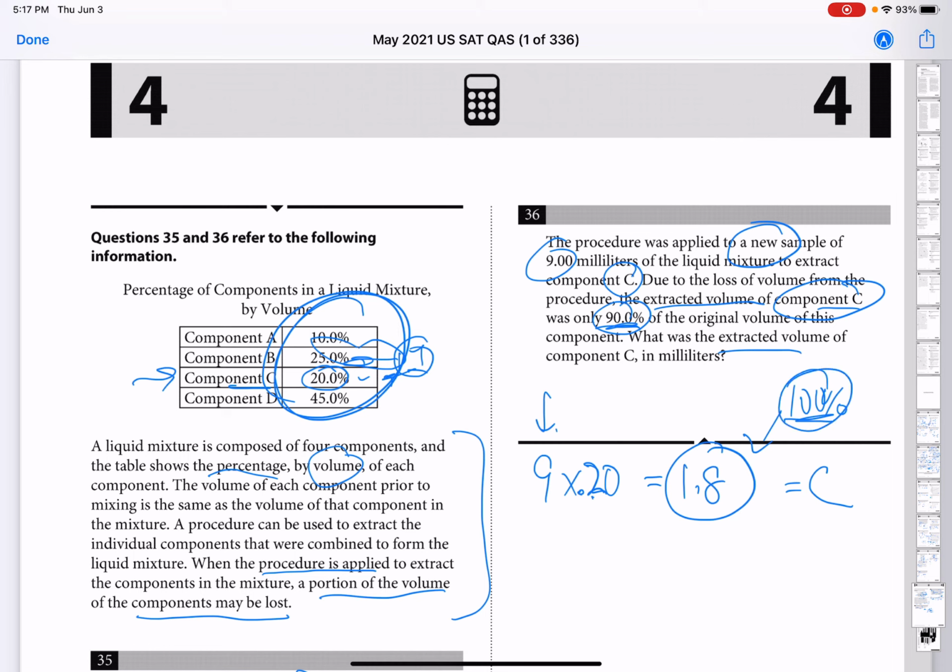But out of this 100%, you're only going to get 90% of this number. So you take 1.8 and multiply it by 90%, which is 0.9. On the calculator, 1.8 times 0.9, you're going to get 1.62. So the answer for number 36 is 1.62.